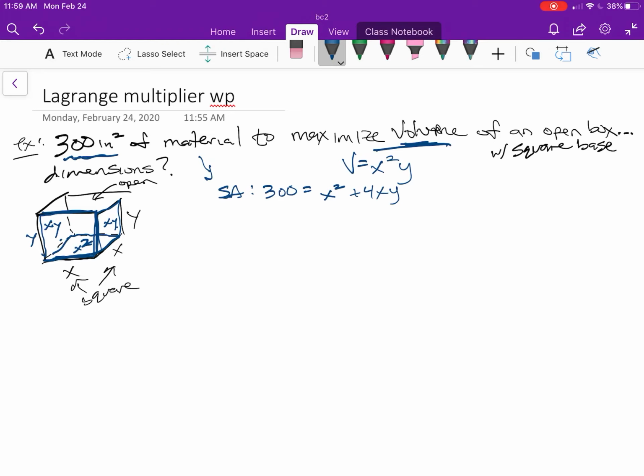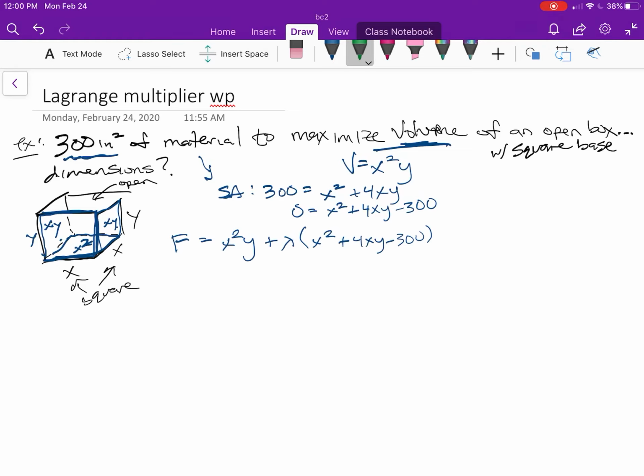Okay, using Lagrange multipliers, remember this has to equal 0. So that's simple enough, just subtract the 300. Now let's build our Lagrange function. We have f, the function that we're trying to maximize, x squared y, pretty basic one, plus lambda times g, x squared plus 4xy minus 300.